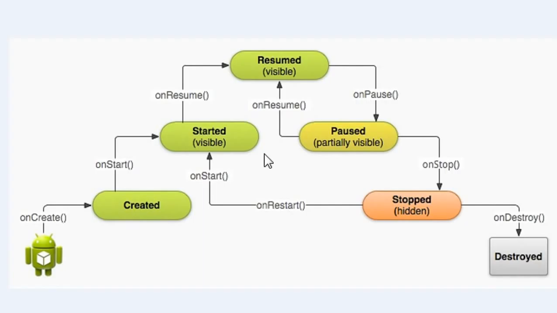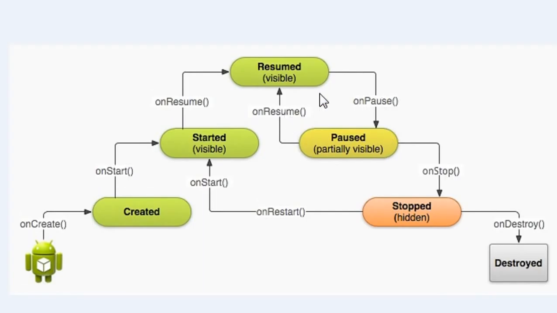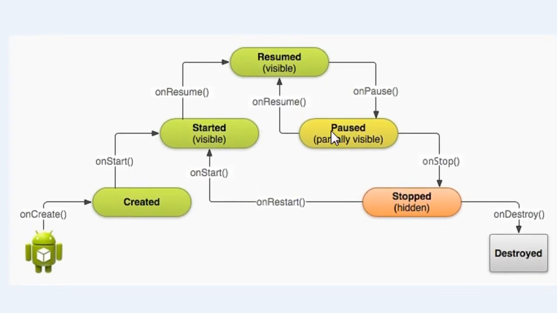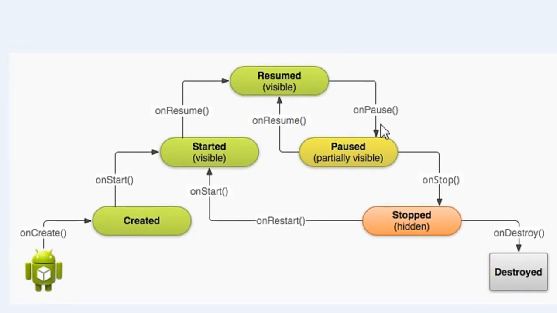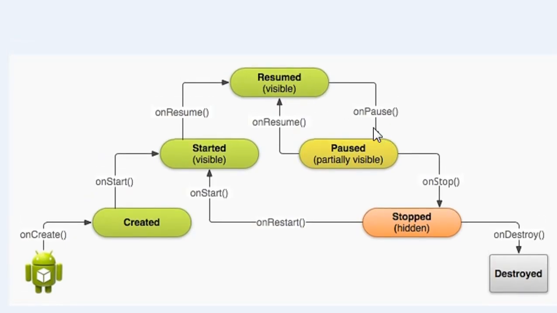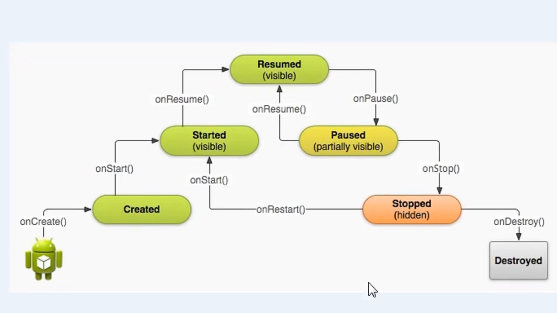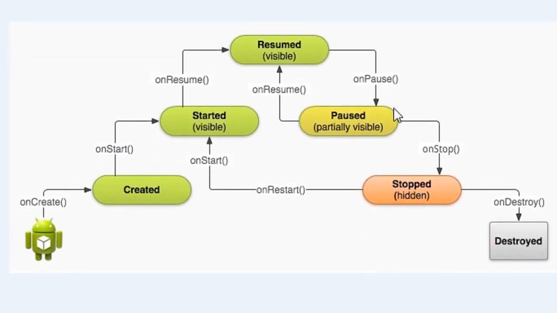Okay, if an activity is paused, or if an interrupt or another application interrupts the activity, then the system will automatically call the onPause method, and during the onPause method the activity is partially visible. For example, if you open up an activity, then an incoming call comes, then the activity is paused.